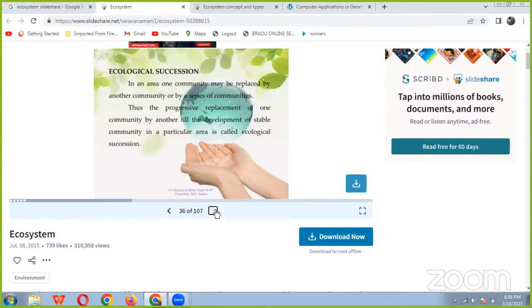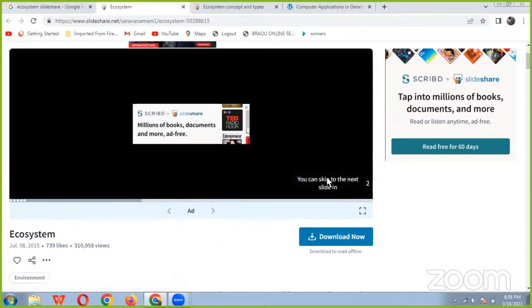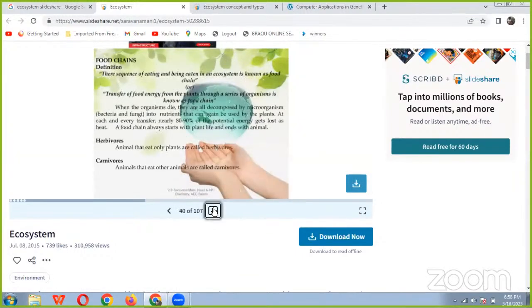So, ecological pyramids. Next one is the food chain and food web also.